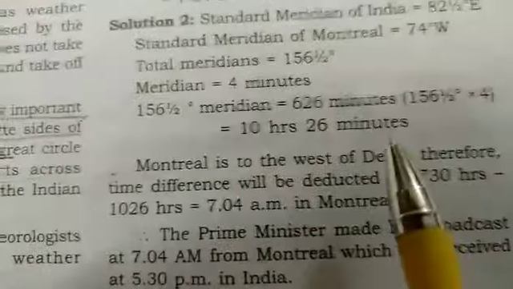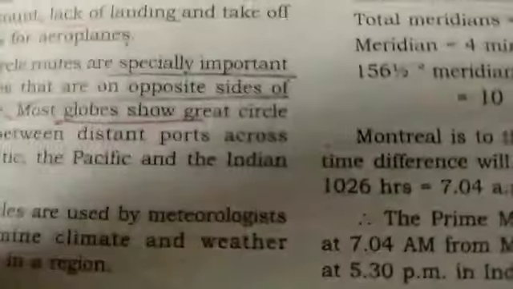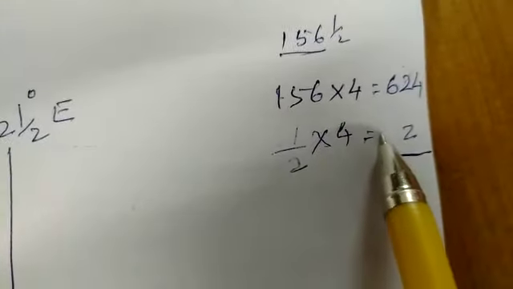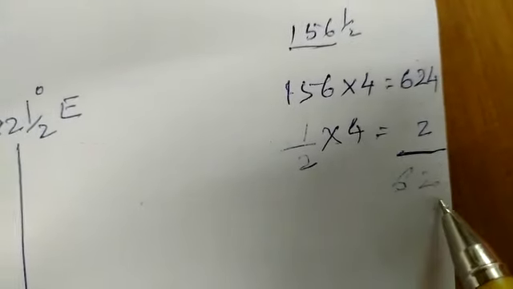It becomes 626 minutes. If you calculate, it is 624 plus this 2, so altogether 626 minutes will come.